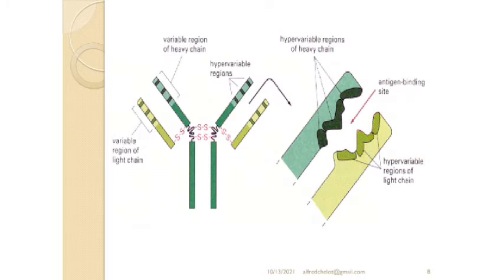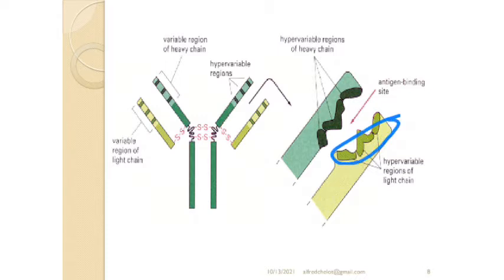Considering this immunoglobulin molecule, we can see we are having the hypervariable regions on both the heavy and the light chain. For the heavy chain, this is where we have the hypervariable regions, whereas for the light chain, this is where we have the hypervariable regions.